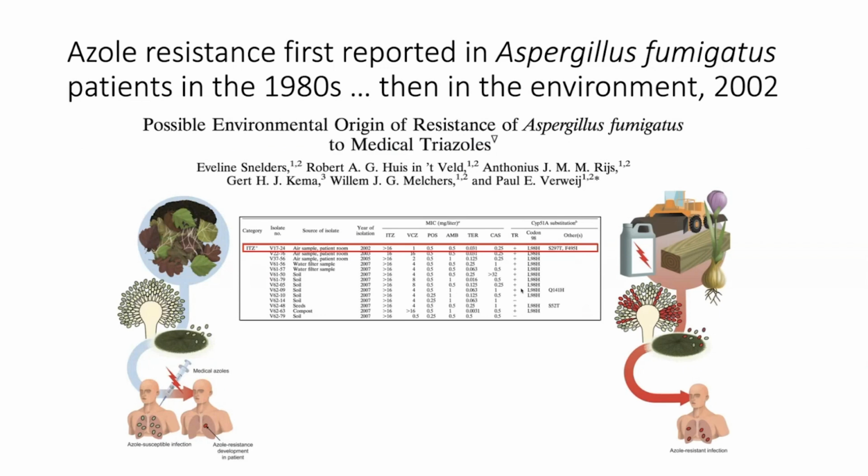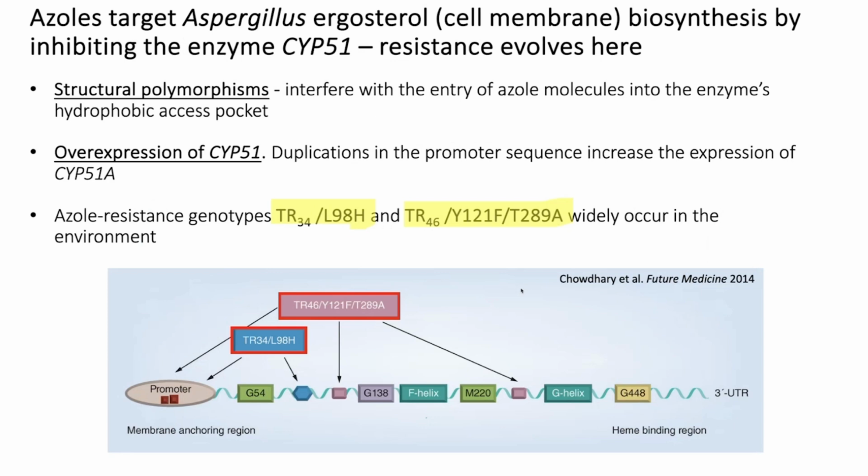But the first cases of resistance were seen in the 1980s, and then the observation that resistance was occurring in nature. So since these original papers, there's been the whole kind of drive to better understand this resistance in the environment, and it's noticeably different to the sort of resistance that you'd evolve in a patient's lung.